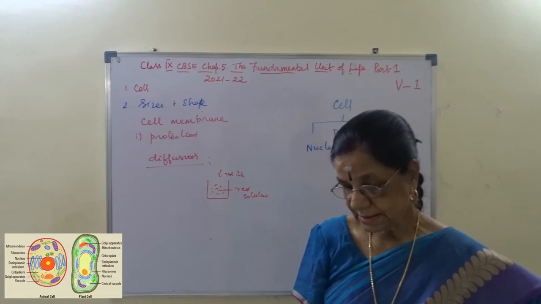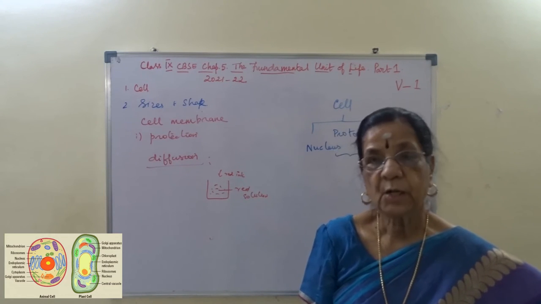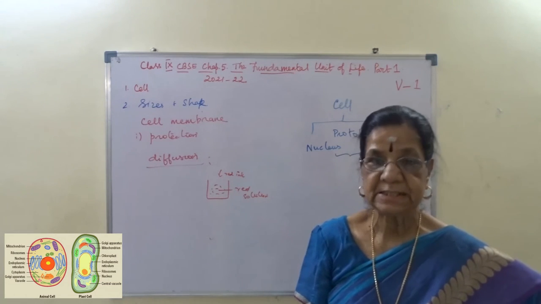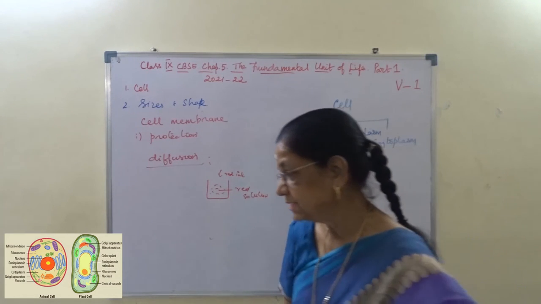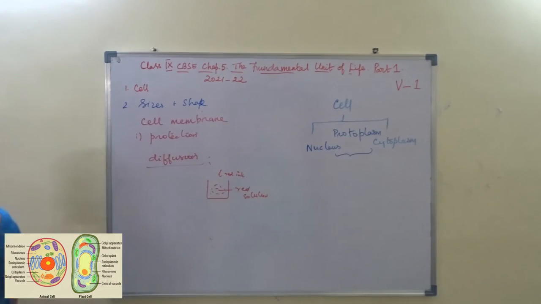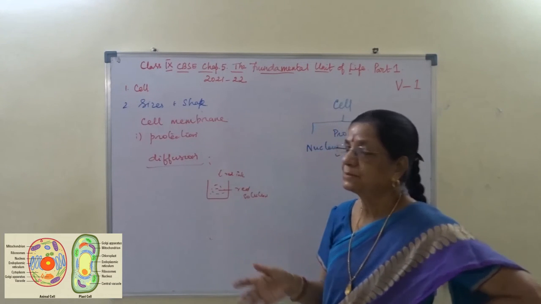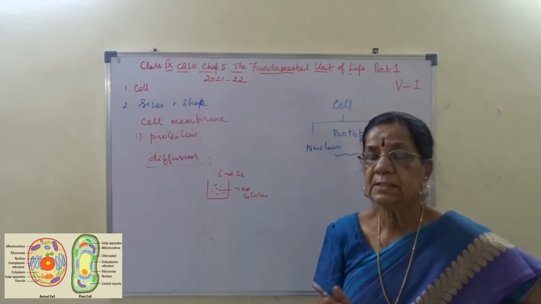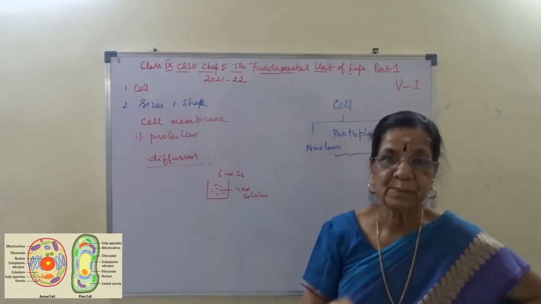As soon as there is a difference in concentration of carbon dioxide inside and outside the cell, carbon dioxide will move out of the cell. This is how it takes place. In the same way, water is also absorbed by the cells. So this is the movement of water molecules in and out of the cell, which is a function of the cell membrane.